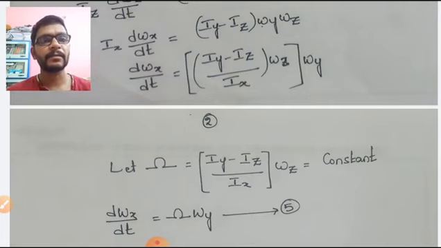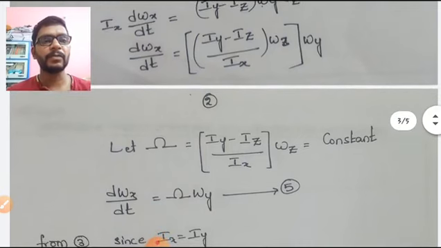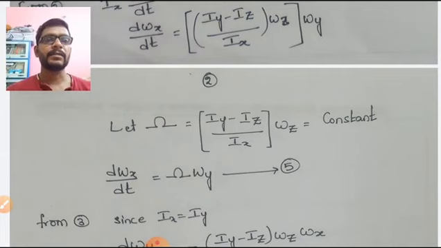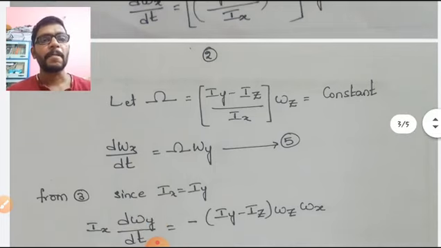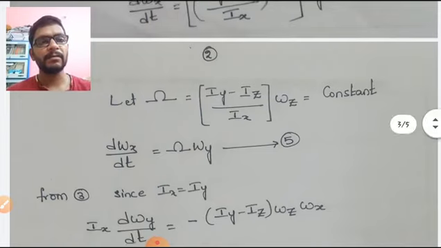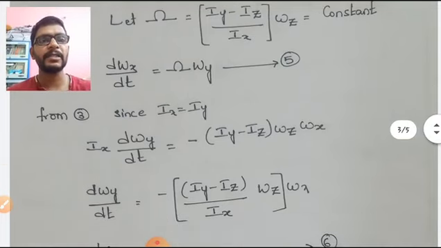Next, from equation 2, I am substituting that capital omega term in that equation. We get d omega x by dt equal to omega w y. For simplicity, instead of omega you can assume w. Since Ix is equal to Iy, based on our condition, from equation 3, instead of writing Iy I am taking Ix here.